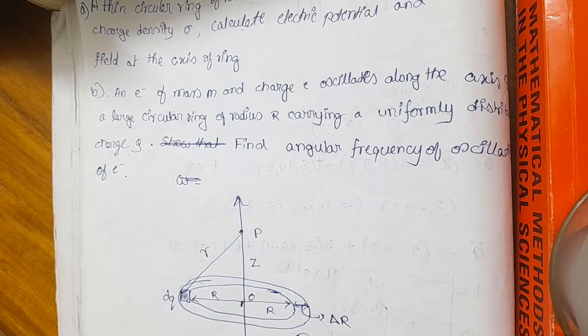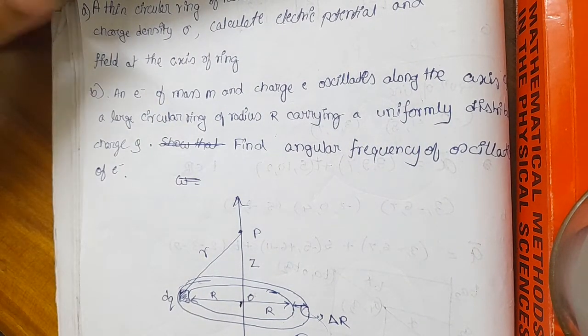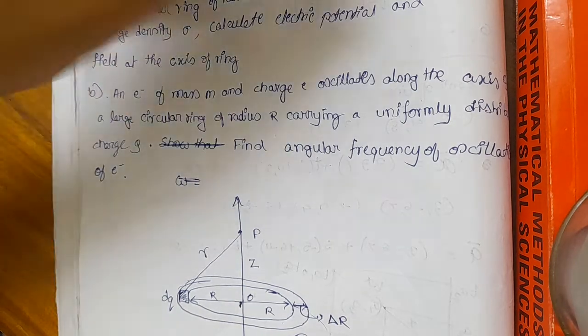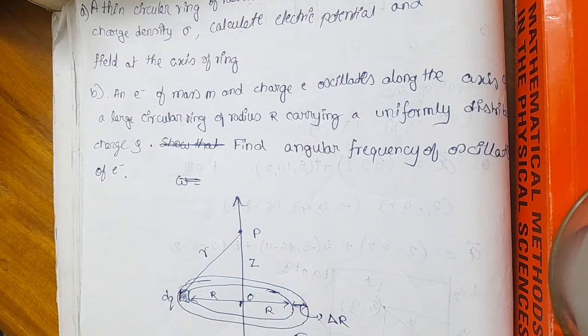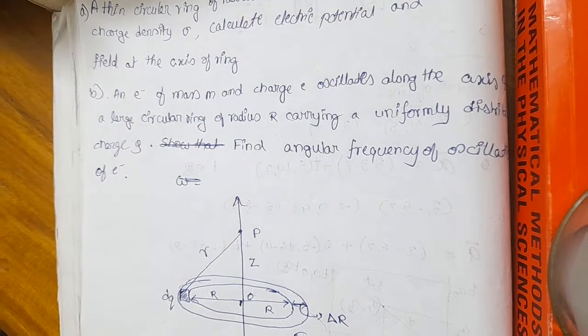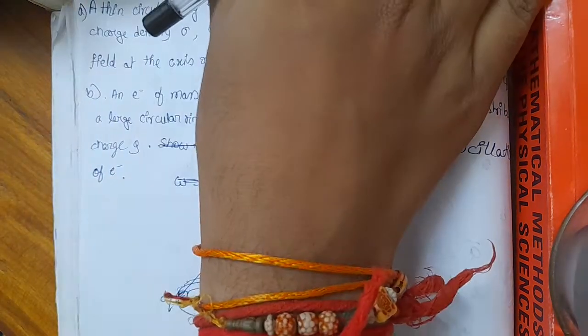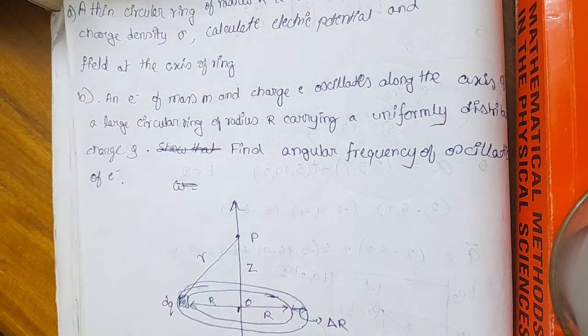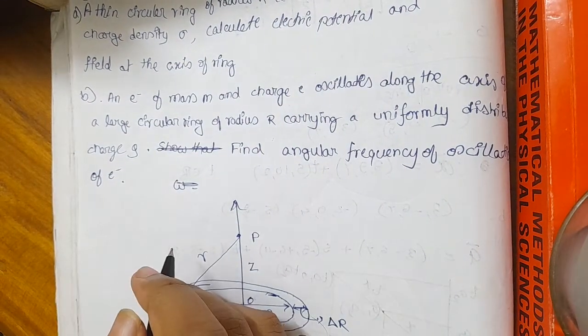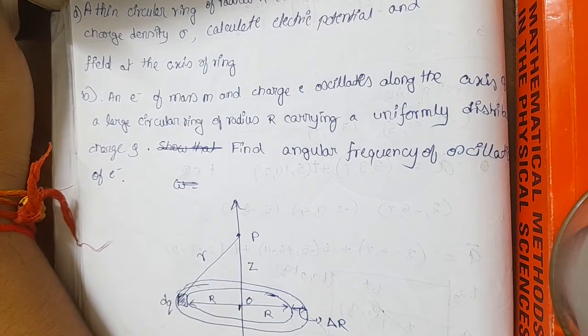You can find this alternative method in example 29.2 of this book. More about electric field lines of force you can find in section 29.4, and more on partial differentiation you can find on page number 110.